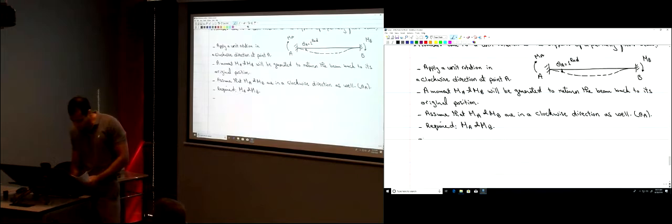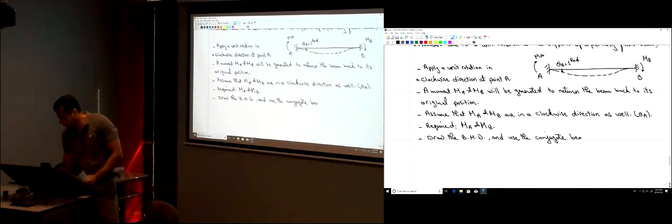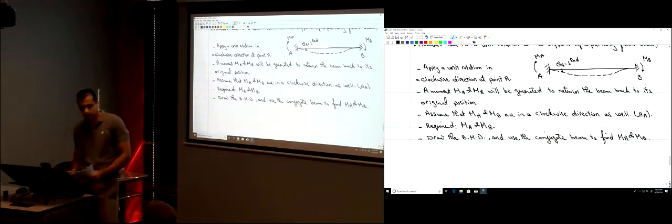So now, this is what we want to do. How we're going to do this? You draw the bending moment diagram and use the conjugate beam to find MA and MB.